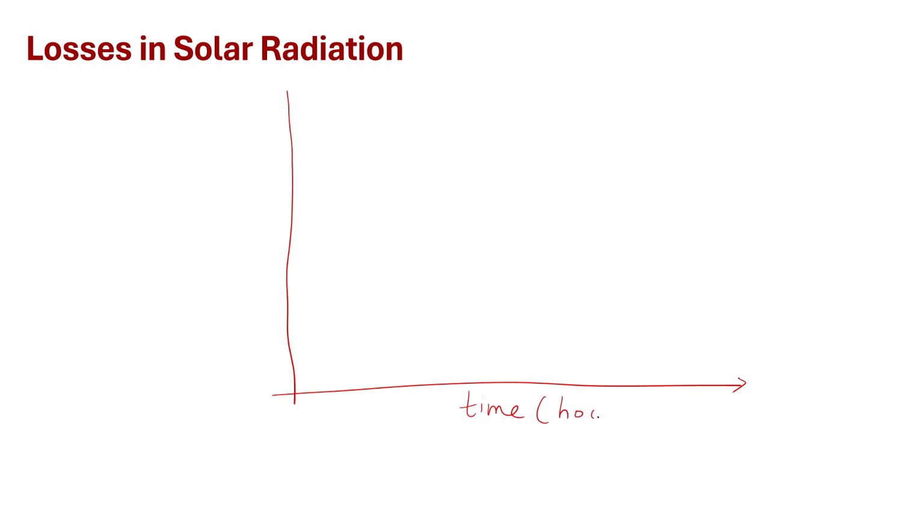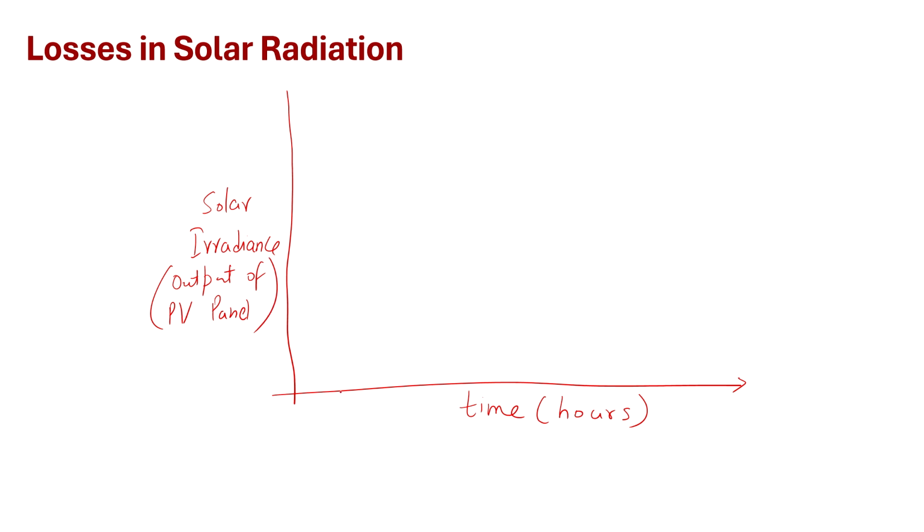So, the losses in solar radiation that occur because of various conditions can be quantified or represented in the form of a plot. Let us say this is time in hours, and here we have the solar irradiance, which is also reflected in the output of a PV panel.